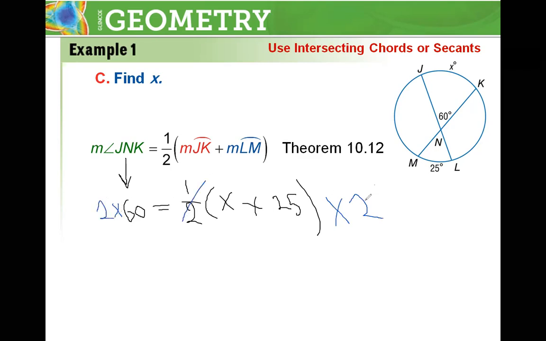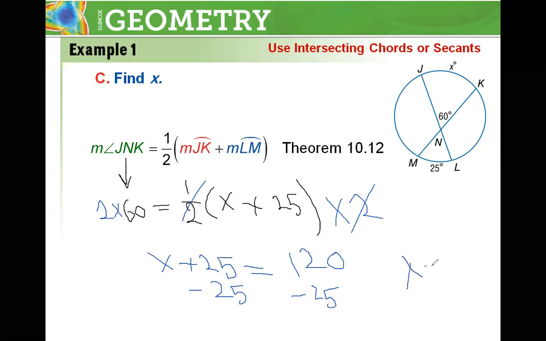Cancel half with 2, so x plus 25, the remainder inside the bracket, equals 2 times 60, which is 120. After that, we cancel minus 25 minus 25. So the result will be 95. So x equals 95 degrees.